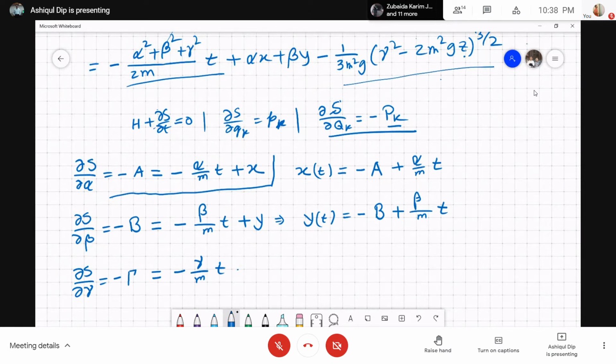It gives you negative 1 over 3 m square g. Let's write that down. Then your power goes down: 3 by 2, gamma square minus twice m square g z, whole to the power half. Then you have to take that derivative, so twice gamma, right?